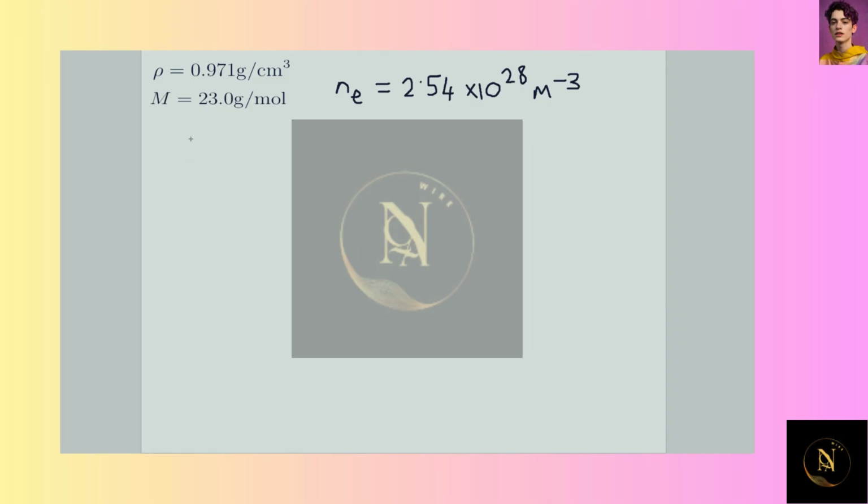So this part of the question then asks us to work out the Fermi energy E_F, which is simply the highest occupied energy state available at 0 Kelvin.